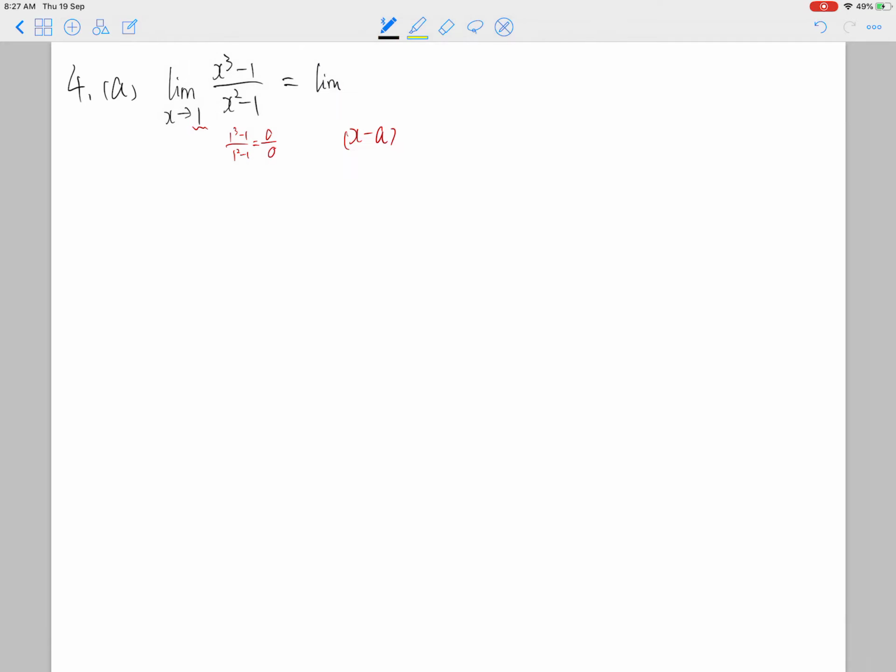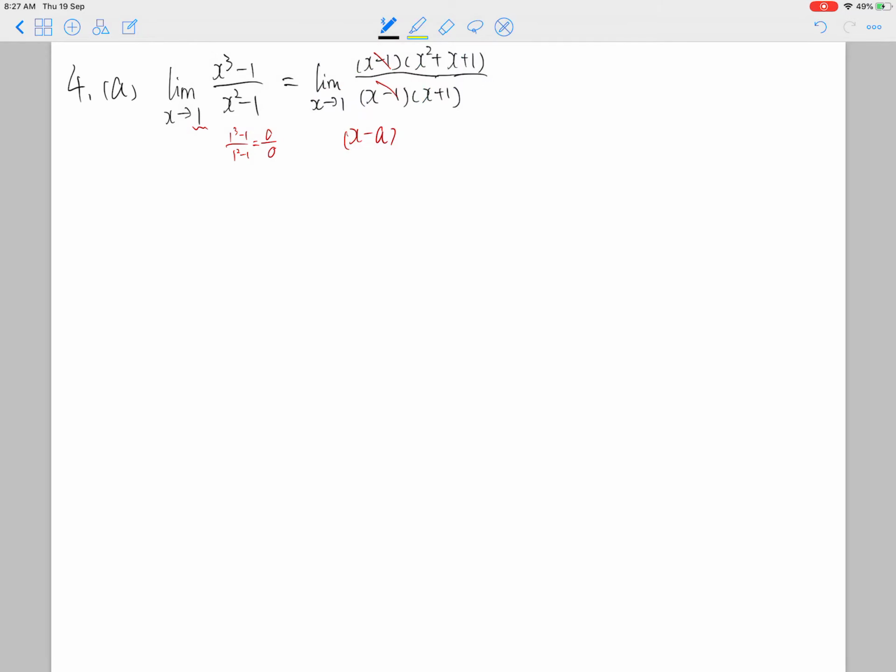So here, let's write it down. So x minus, in this case, 1, right? X minus 1. So you should expect this common factor on both sides. Then the denominator is what? The denominator is x minus 1 times x plus 1, right? And the numerator, you try it, it's x minus 1 times x squared plus x plus 1. Right, so now these two can be cancelled out.